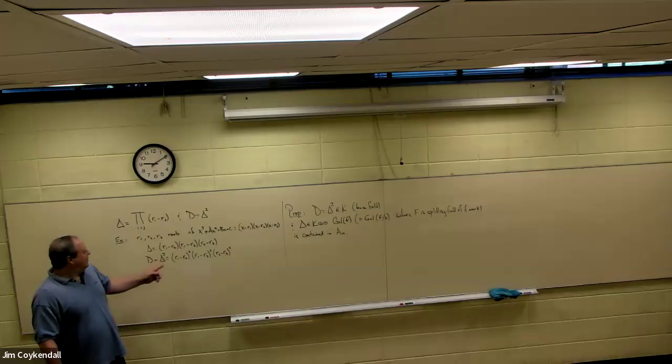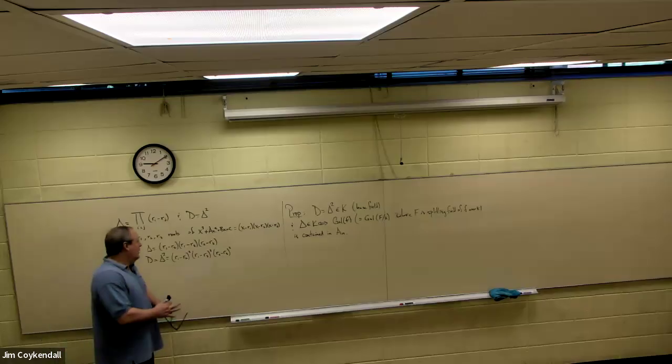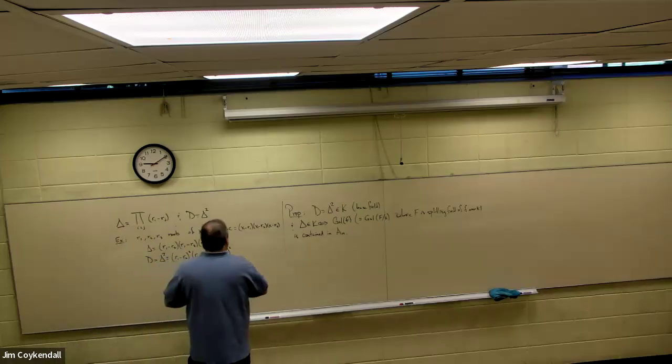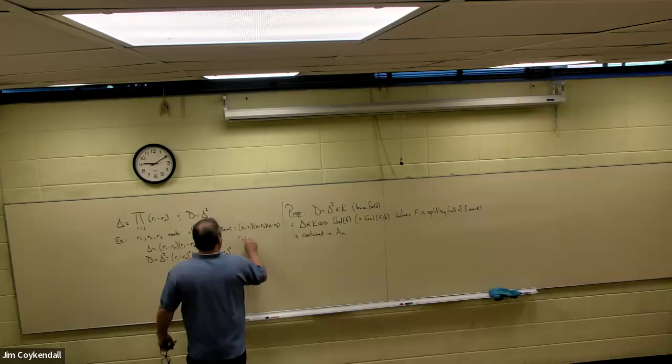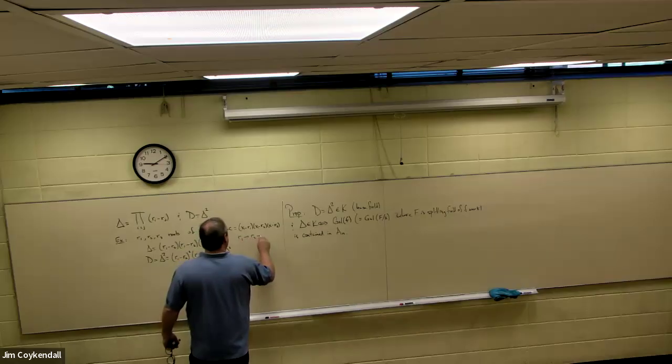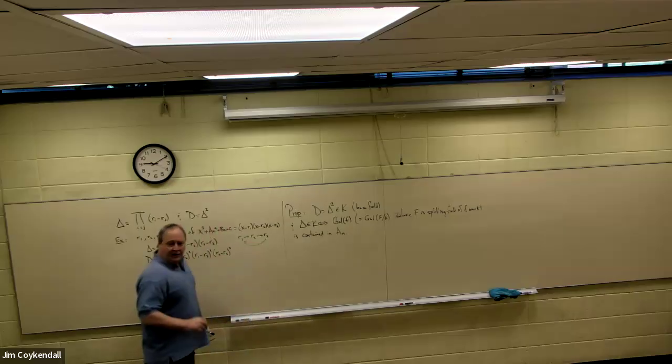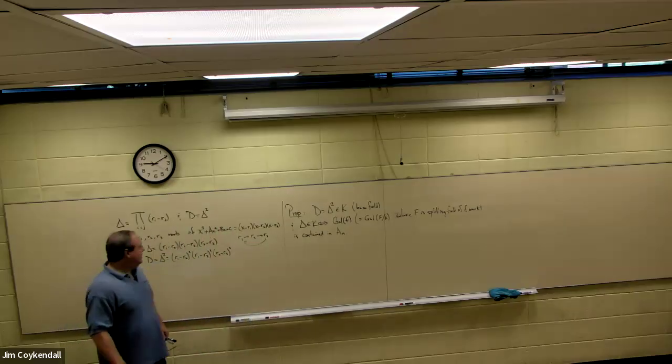What happens if you do an even permutation? What happens to delta if R1 goes to R2, which goes to R3, which goes back to R1? That's a 3-cycle, so that's an even permutation.